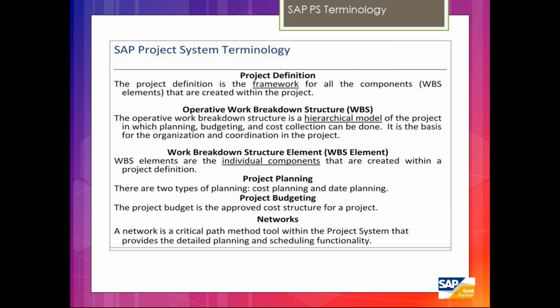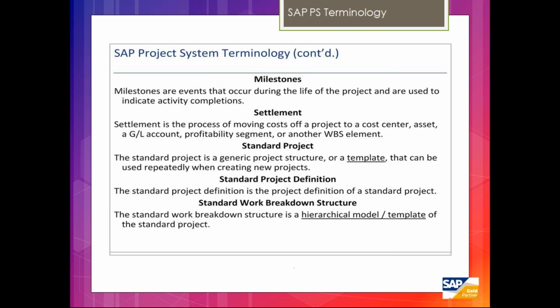Then we have budget planning, and we do some sort of settlements, that is a period-ending process. Then we have milestone functionalities. If you want to bill from PS to SD, once the milestone has been completed, you can raise the bill. Through PS you can do the billing, or through the SD module you can also do the billing.